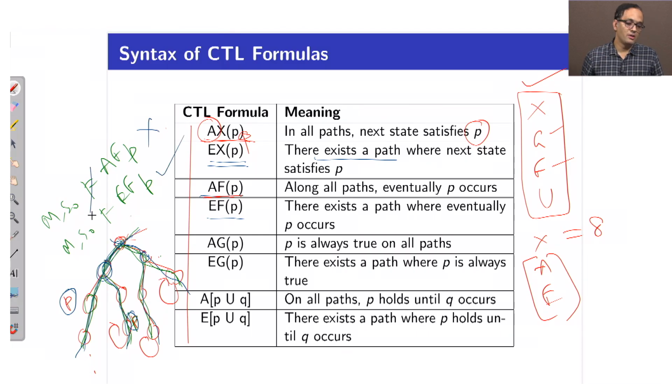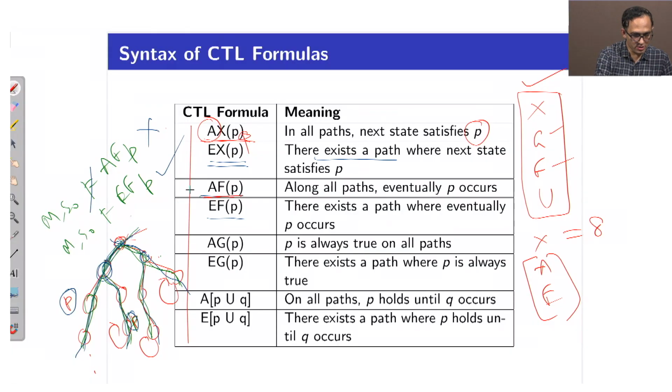I will say MS0 does not satisfy AF P. That means, in all paths, in the future P holds is not true in this scenario. What I am visualizing here is a branching tree where some propositions hold at some nodes, and I see whether, for all paths or there exists a path, that property holds or not. Okay, so these two we understood.